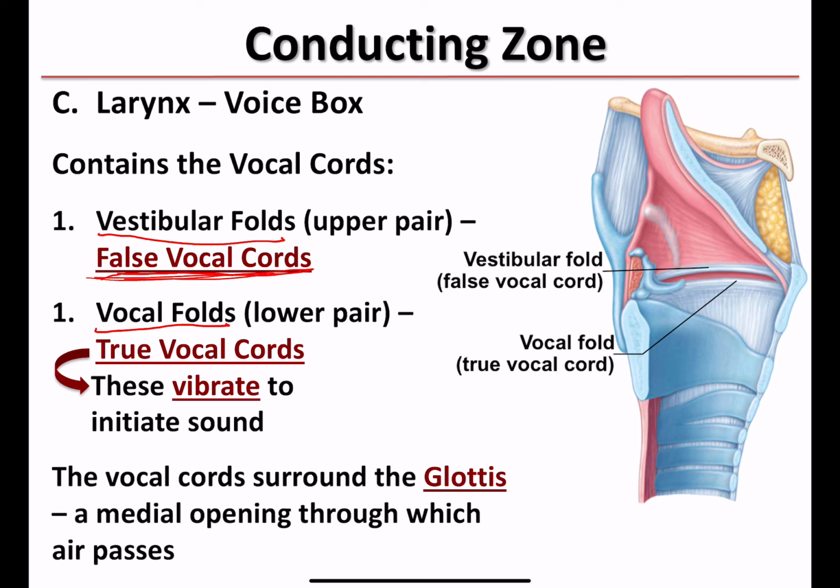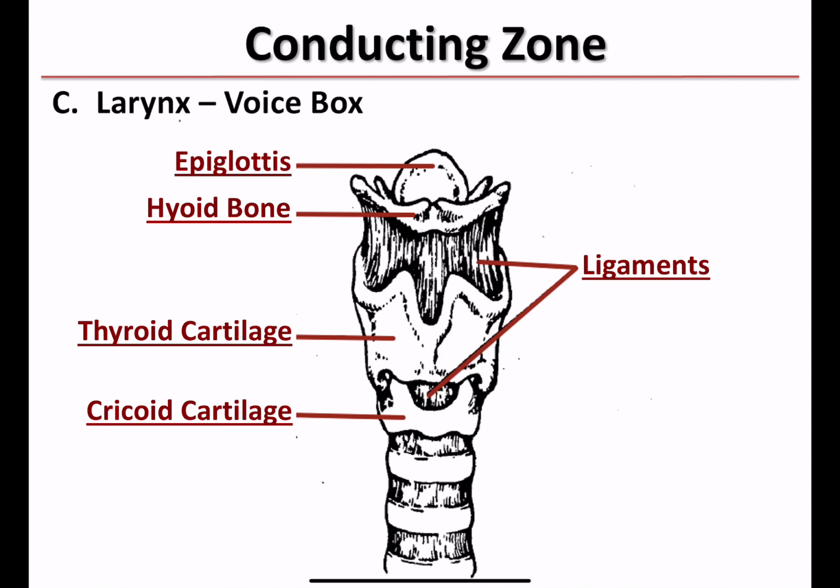For me, it's just easier to remember that your true vocal cords are your true vocal cords, and your false vocal cords are those flaps of mucosa that sit over them and protect them. And again, the vocal cords surround the glottis, which is the opening to the larynx, which the epiglottis is designed to shut off when we swallow.